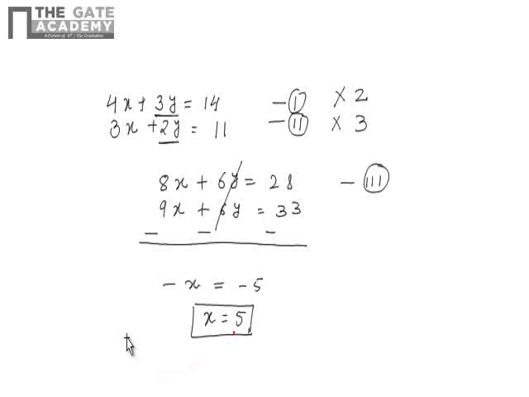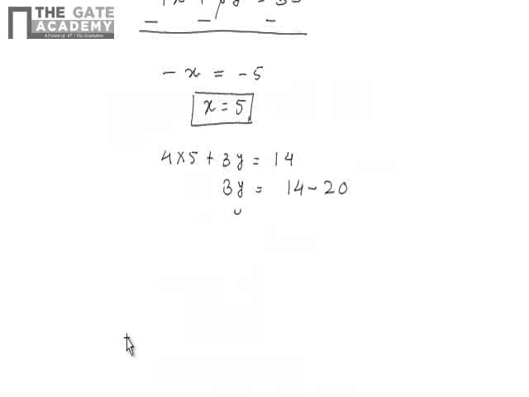Suppose we put this in equation 1, we get 4 into 5 plus 3y is equal to 14. So 3y is equal to 14 minus 20. Now y is equal to minus 6 by 3, that means y is equal to minus 2. Now we got the solution.